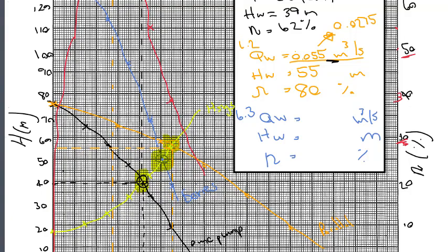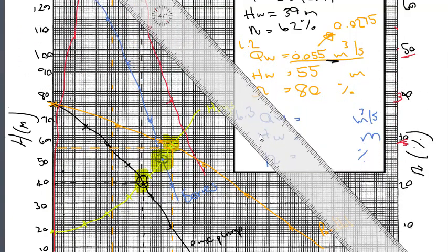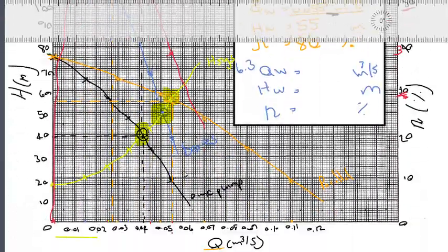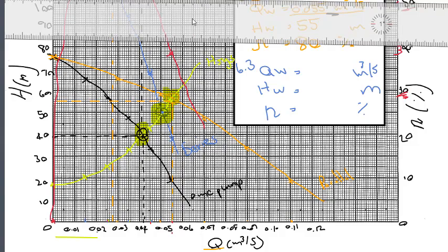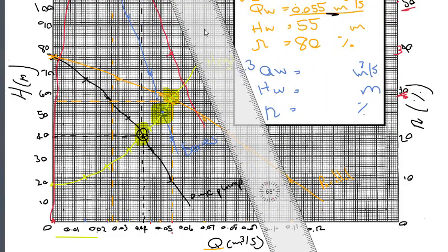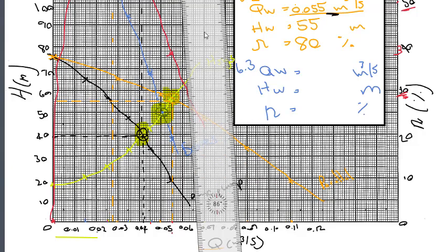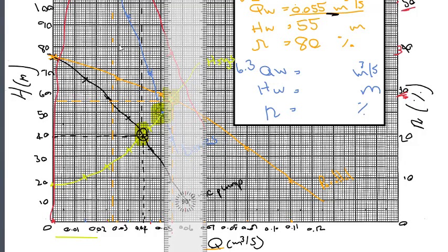So let's go and switch on our ruler so we can read off these values. Let's turn our ruler to 90. Let's go to our duty point, and we've got our ruler set.